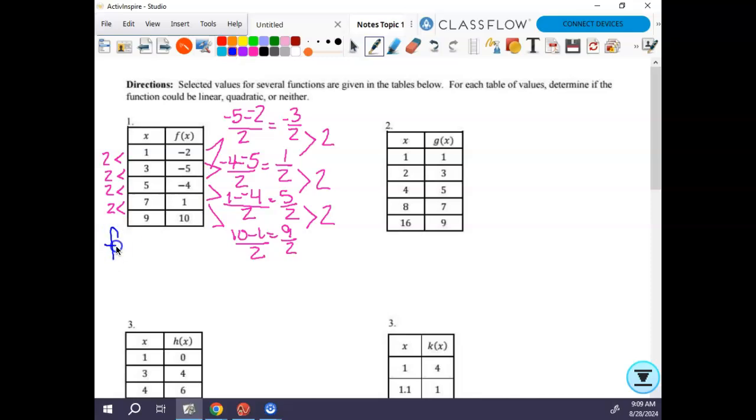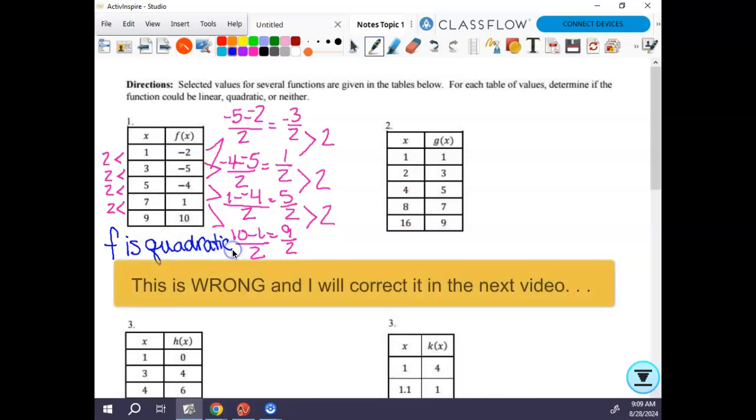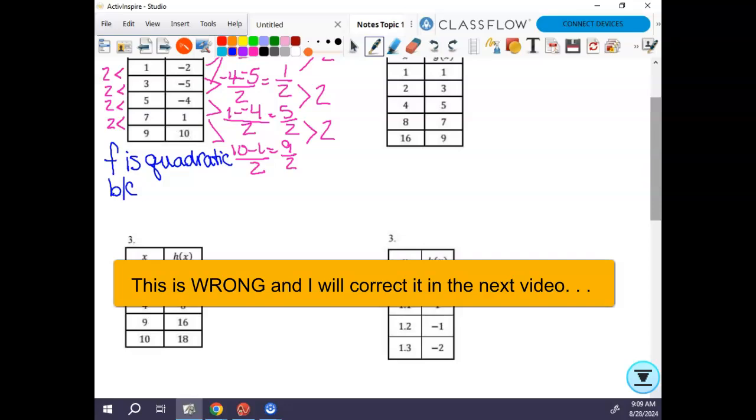Remember, we say f is quadratic because average rates of change of f are constant.